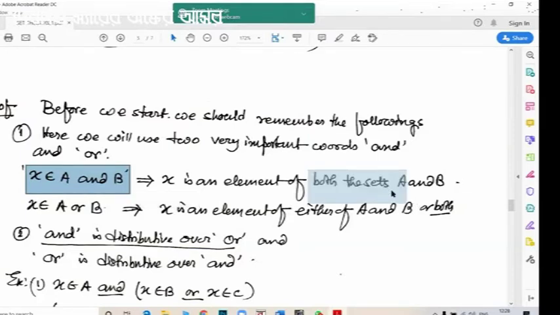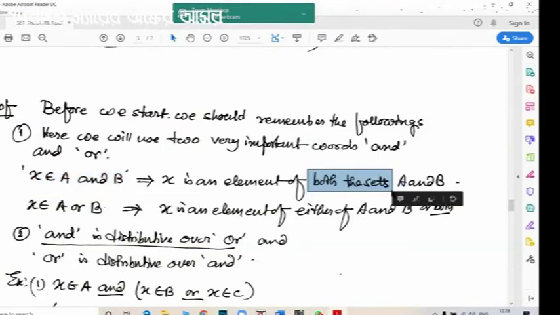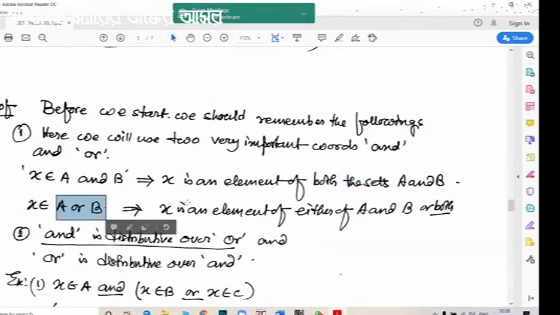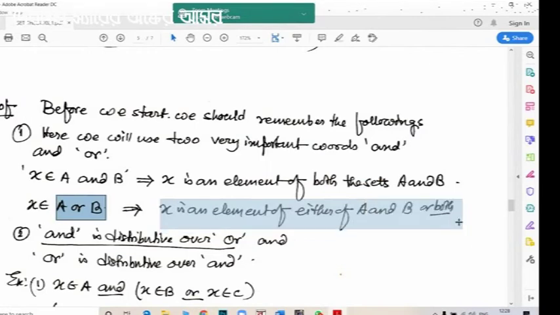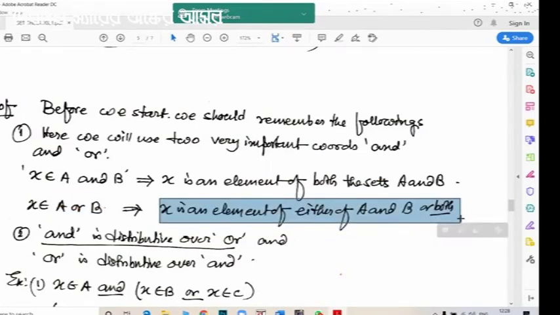Remember the word both, both the sets A and B. x belongs to A or B. That means x is an element of either A or B or both. x belongs to A or B means x belongs to A, x belongs to B, or x belongs to both A and B. So it is in the inclusive sense.